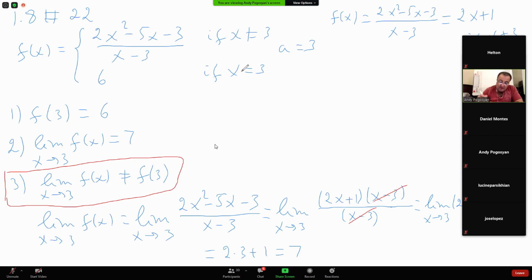So we need to graph, let's say, y equals 2x plus 1. Make a table, x and y. So 0, we get 1. Let's say 2. 4 plus 1 is 5. 3, you get 7, not included.